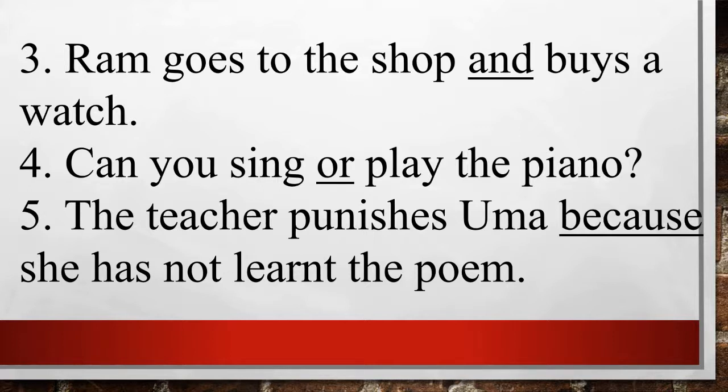In this sentence, the word or is a conjunction, so the word or is underlined. The next example is, the teacher punishes Uma because she has not learned the poem. In this sentence, because is a joining word, so the word because is underlined.